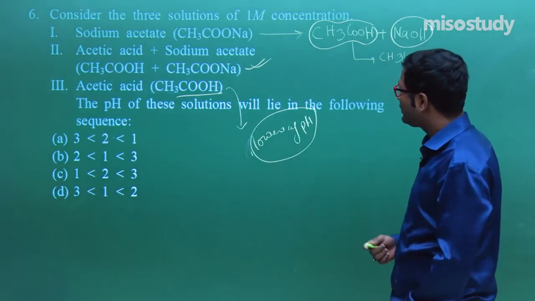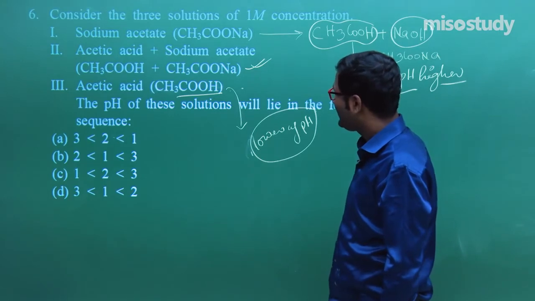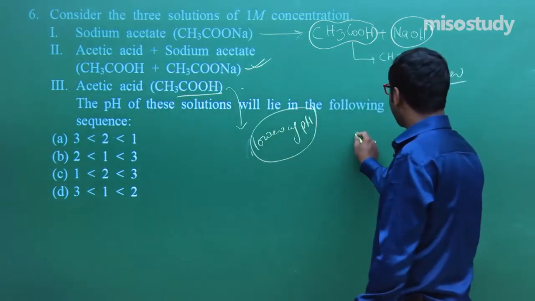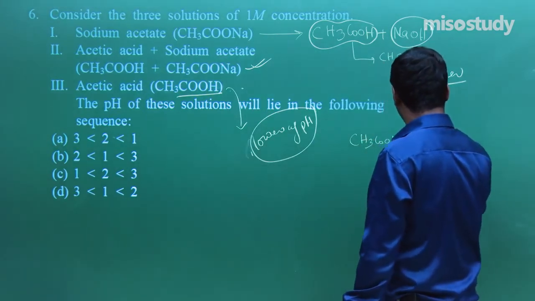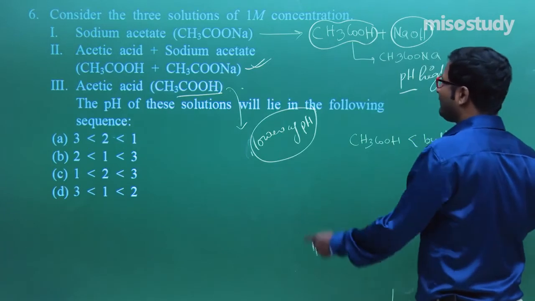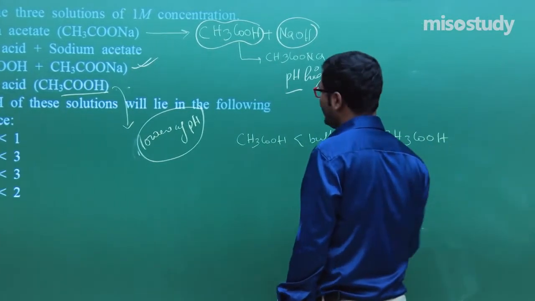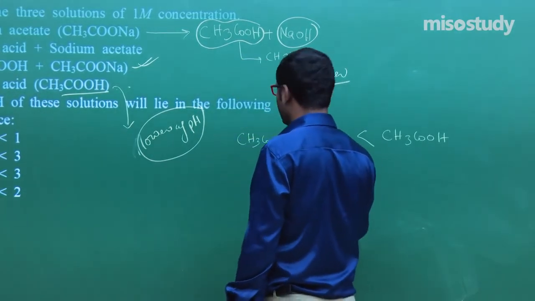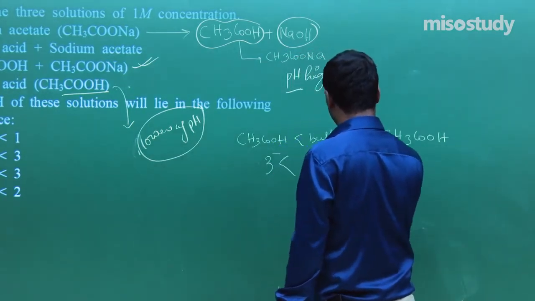So if I sequence, then it will have the lower value of pH. That is, the pH will lie in the following order. First of all there comes CH3COOH, then there comes the buffer. Clear to you? And finally there comes CH3COONa. So that is the third one. Then there comes the first one, and then there comes the second one.